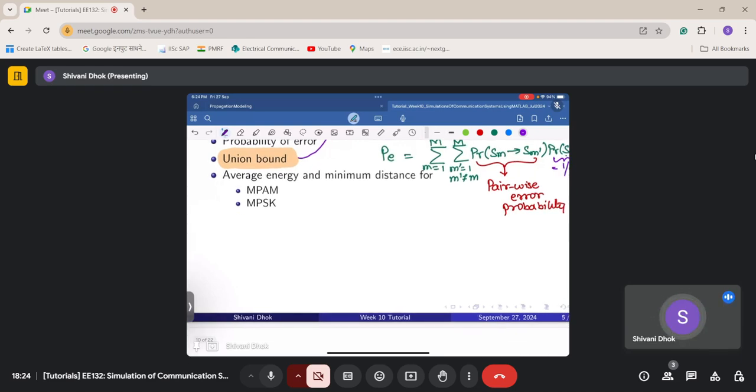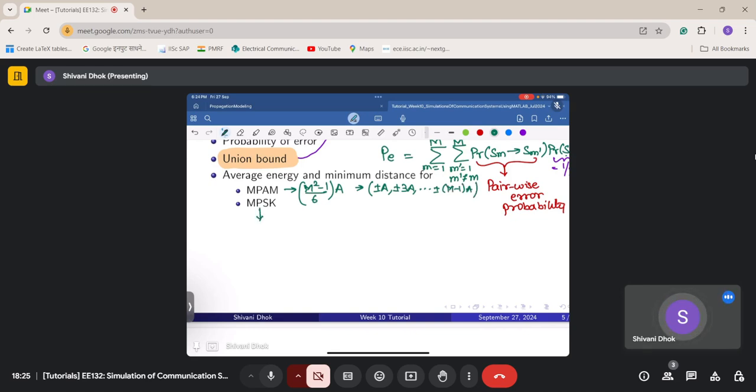After that, the last thing that we looked at was the average energy for different constellations, and we saw that average energy for M-PAM comes out to be (M squared minus 1) by 6 into a, if I have the constellation points as plus minus a, plus minus 3a, and so on till plus minus (M minus 1)a.